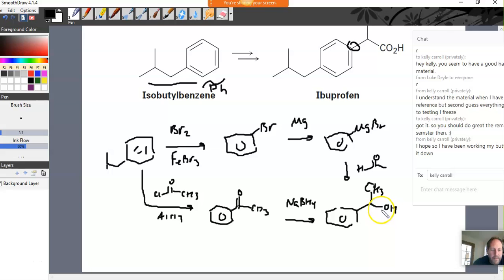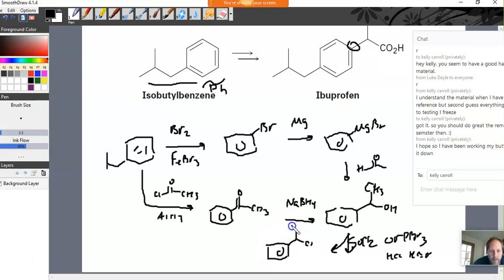Okay? And then from there, again, there's a few ways you can make it. First thing is you have to turn it, so you can use SOCl2 or PBr3 or HCl or HBr, whatever you want in order to turn that into an alkyl halide.